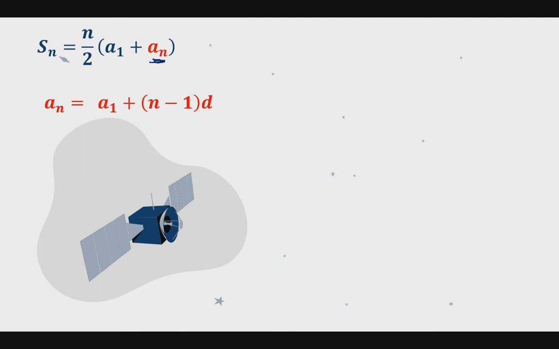So what we have to do now is insert this formula into A sub n. It will look like this.